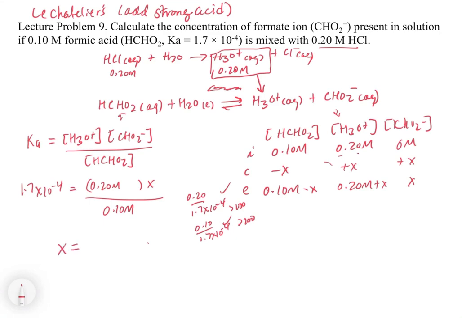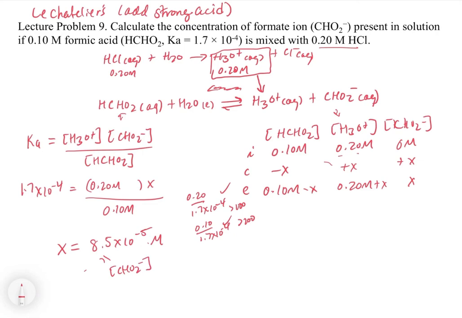When you do that, you get X is equal to 8.5 times 10 to the minus 5 molar. This is going to equal our concentration of the CHO2 minus, which is the answer to the question.